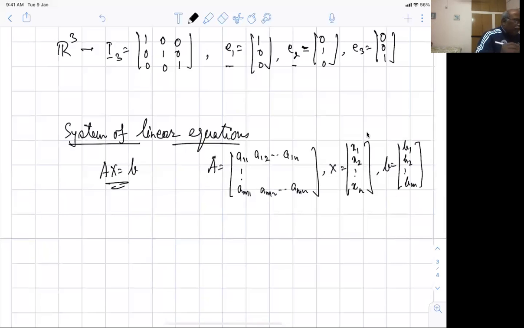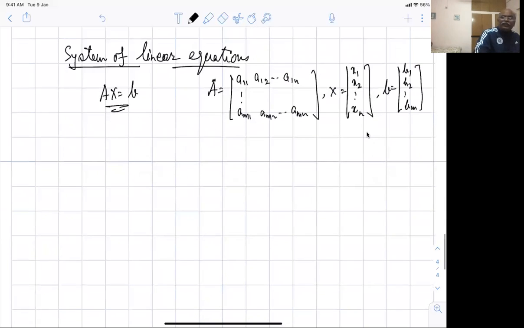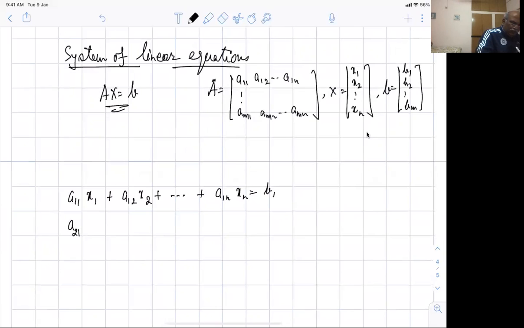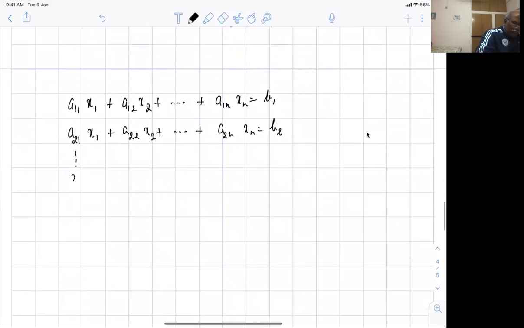That's the way it is going to look. And if I want to look at it from the point of view of equations, not in the form of a matrix, then it looks like a11 x1 plus a12 x2 plus a1n xn is equal to b1, a21 x1 plus a22 x2 plus a2n xn is equal to b2, and so on till am1 x1 plus am2 x2 plus amn xn is equal to bm.